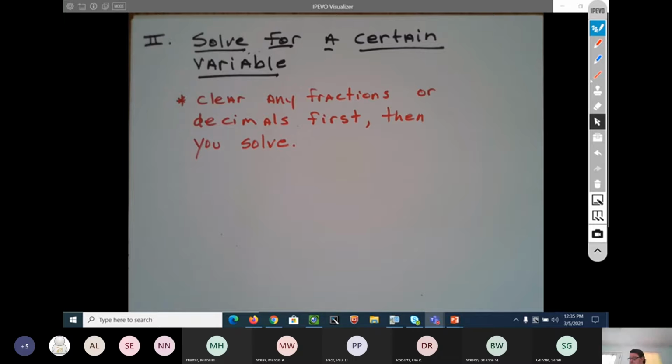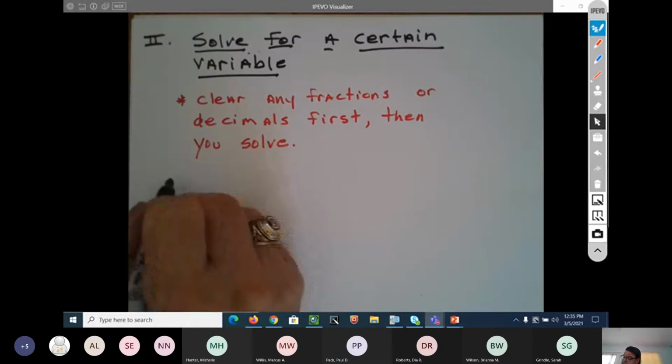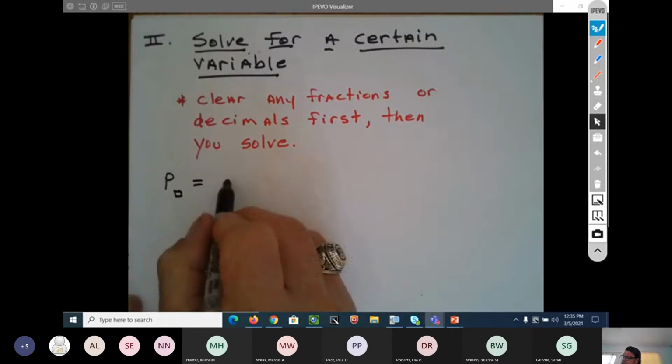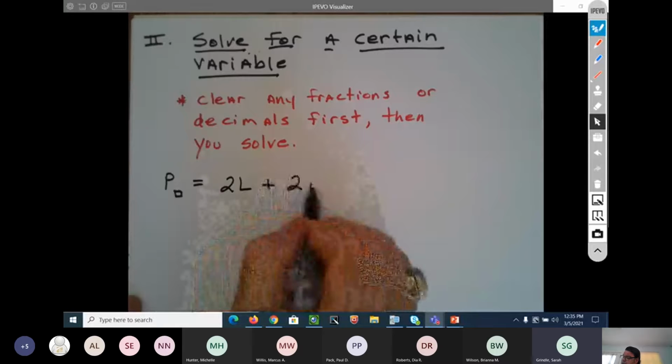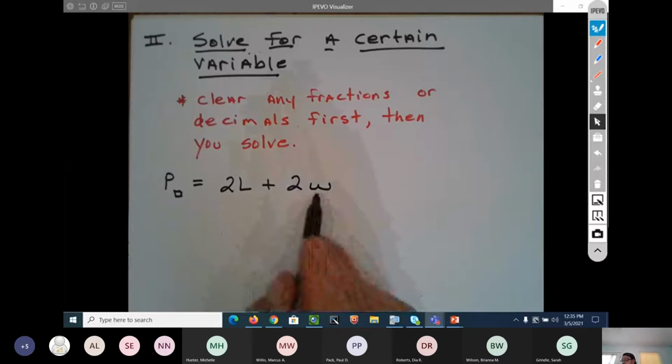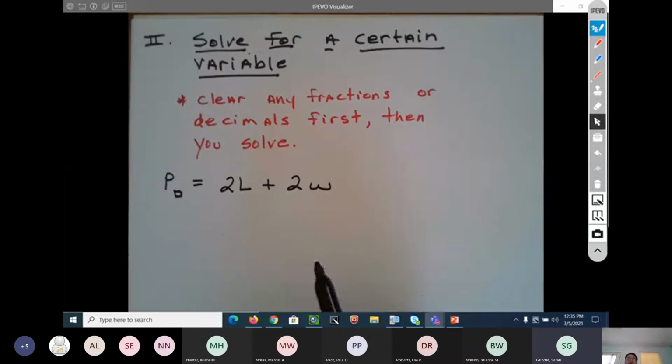Let's do perimeter. P, perimeter of a square or rectangle or quadrilateral, is equal to 2L plus 2W. Or if you're from around here, W. If you're around here, it's pronounced one way; if you're not from around here, it's pronounced another. You ever notice that when somebody gives you a web address, they either say www or they say www?